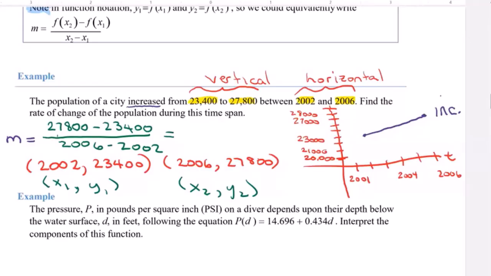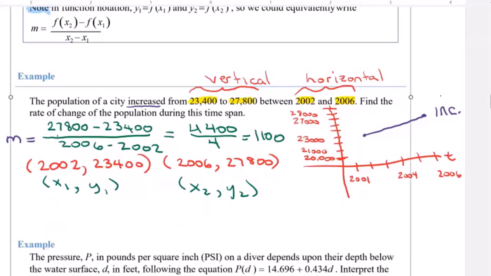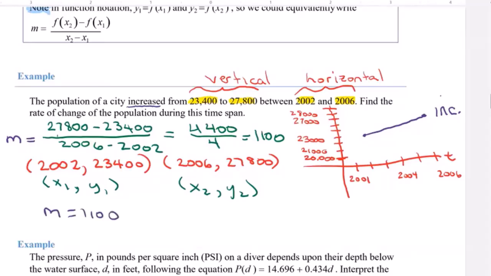And this is going to be 4,400 divided by 4, which equals 1,100. So my slope is 1,100. And I can say slope is equal to 1,100.